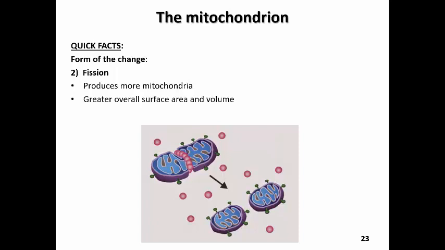And the way it does that is that two smaller mitochondria have an overall greater surface area and volume than one large mitochondrion. And that will enhance the increase in oxygen mediated energy turnover.